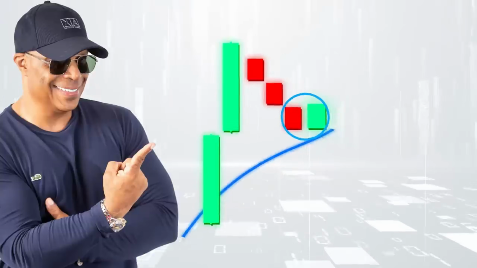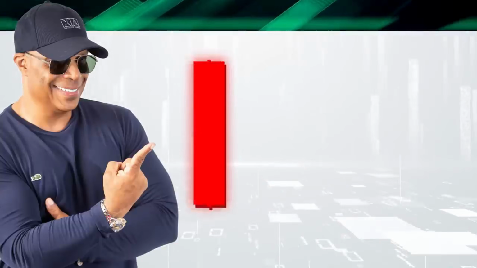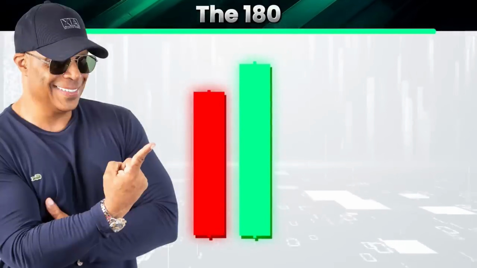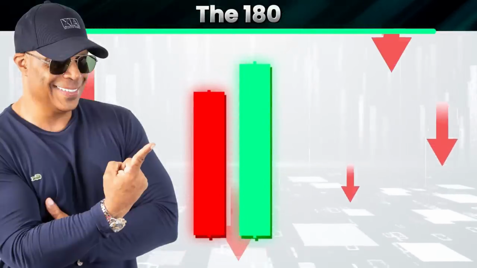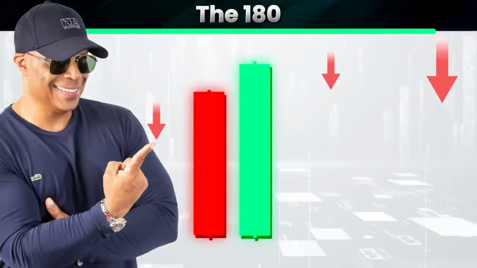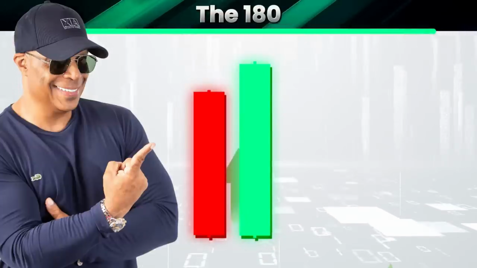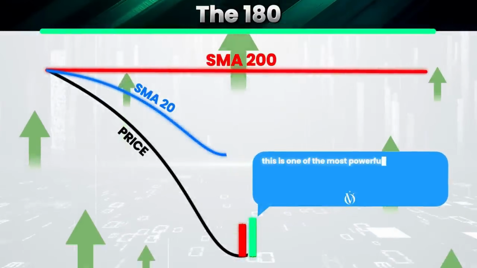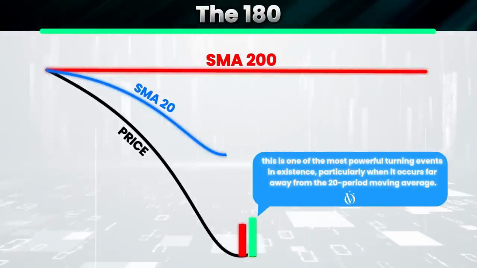It's okay in the right location, but it's not as impressive as a Bull 180 where the bulls have regained control from a very powerful force. That red elephant was proof that the bears were very powerful, but the bulls neutralized that power. They came back and overran the powerful bears by taking the entire bear bar out.